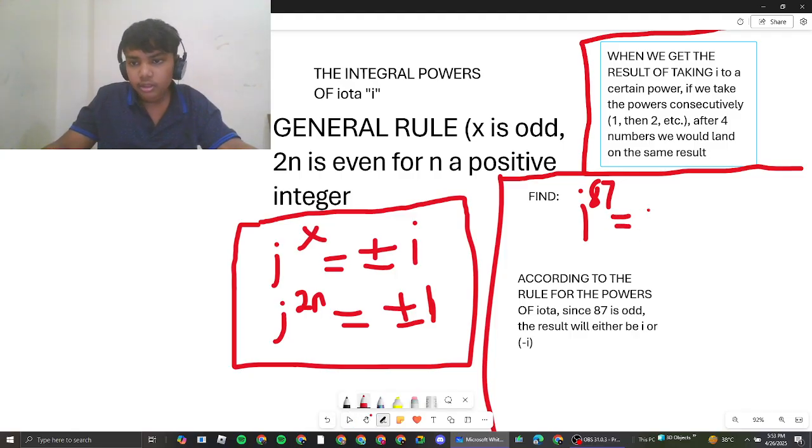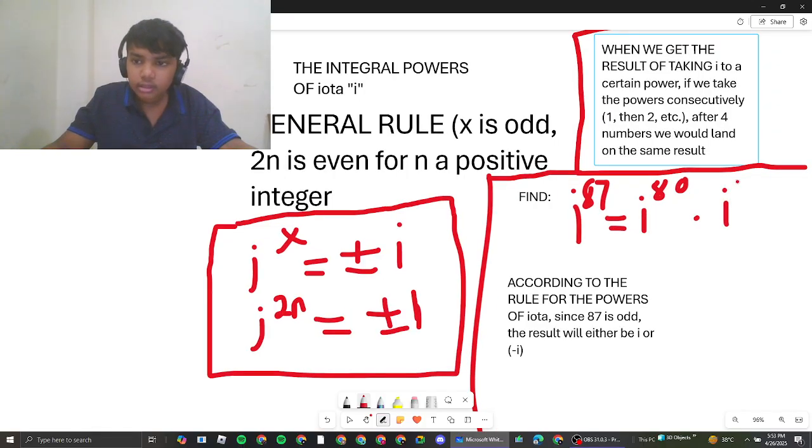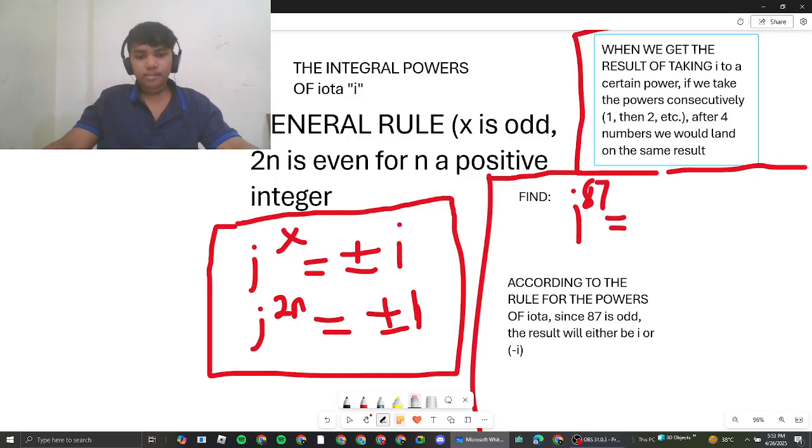Write this as I to the 87. And actually, how would you find this? But hey, there's a trick to this. I don't think that trick is difficult, but if you want to try this, okay.